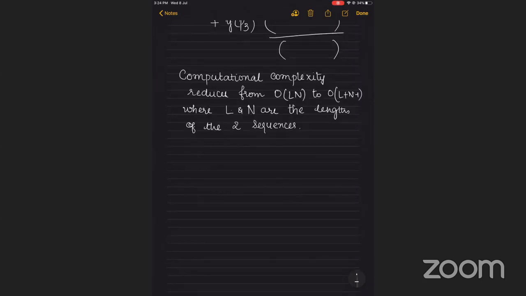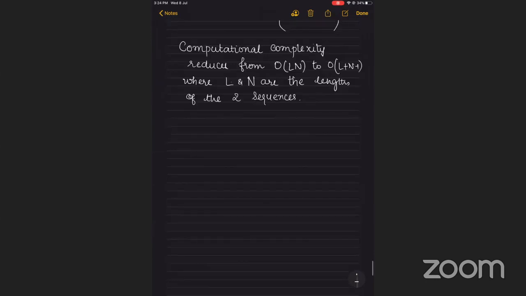In fact, you can even do this. What is it that we can do? We can even follow a matrix approach for this. Now, what is the approach? Here we had y0, y1, y2, y3. These are the 4 values that I need to find out.